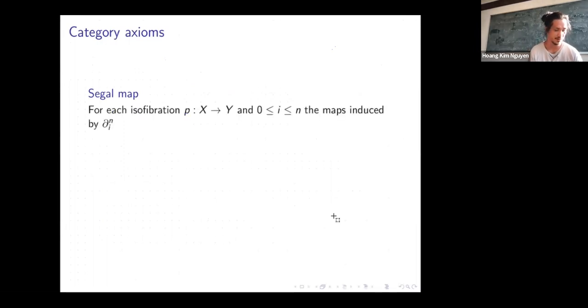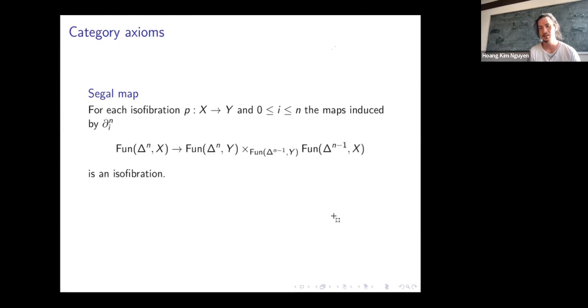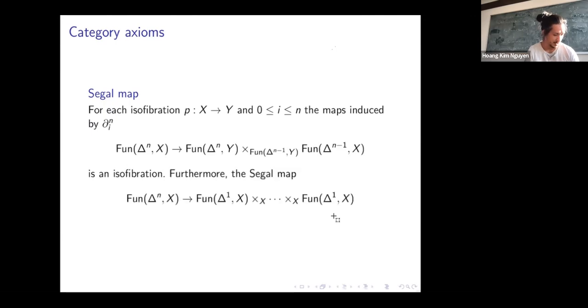First of all, if we have an isofibration and we're looking at the face maps, then we want to have again isofibrations, and furthermore we would like the Segal map to be a trivial fibration. And then, having Segal conditions, we get the composition operation in the usual way.